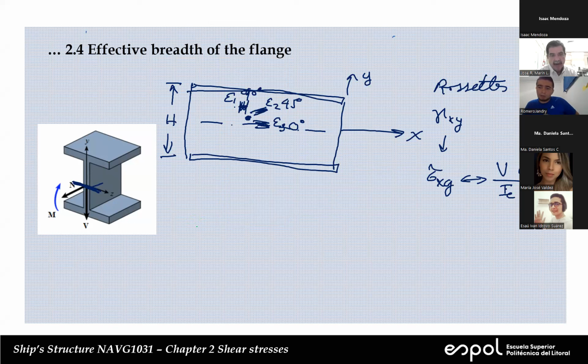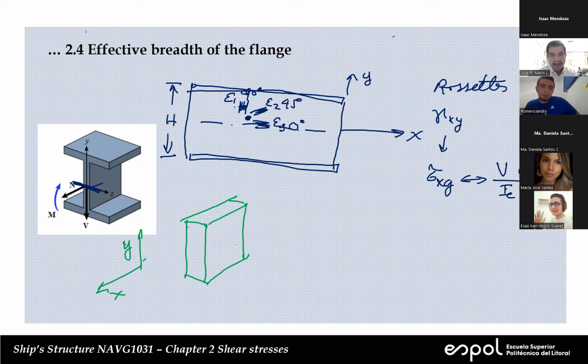Let me draw this, okay? Something like this. So this is the web. This is X direction, Y direction. Up here, in the top, we have the flange.